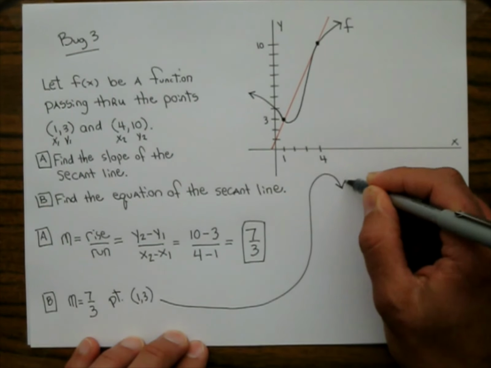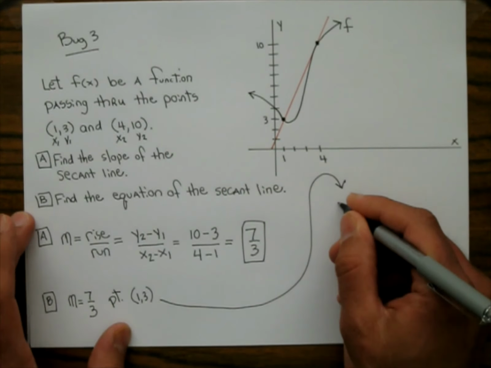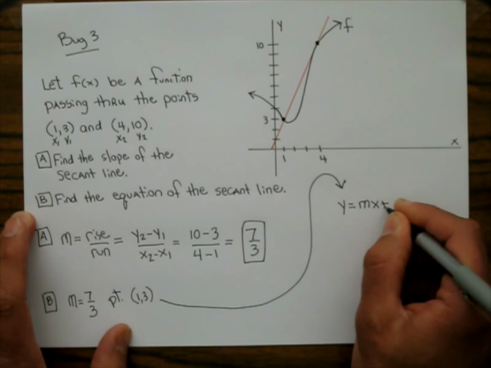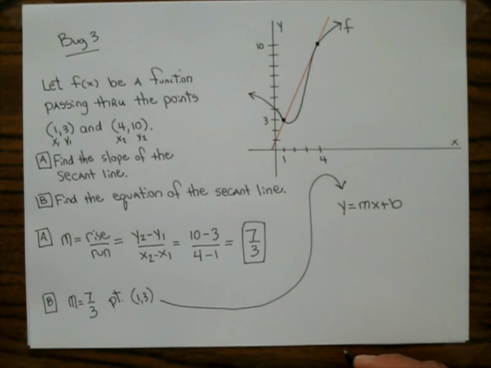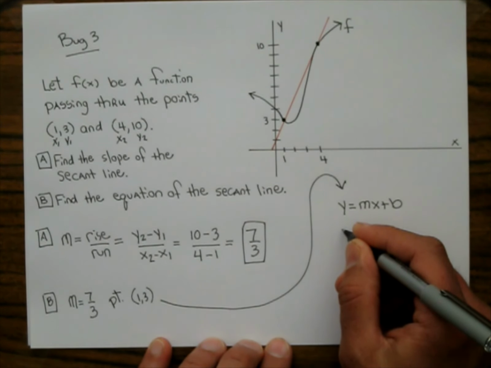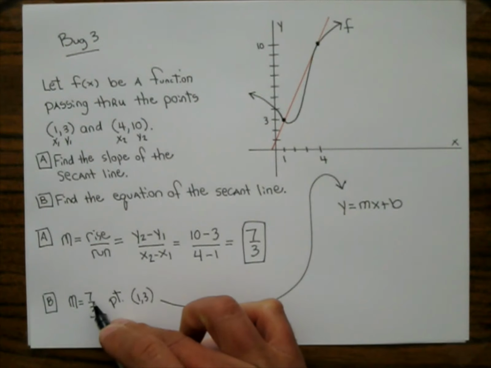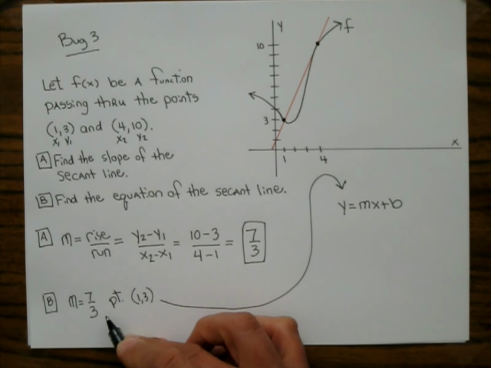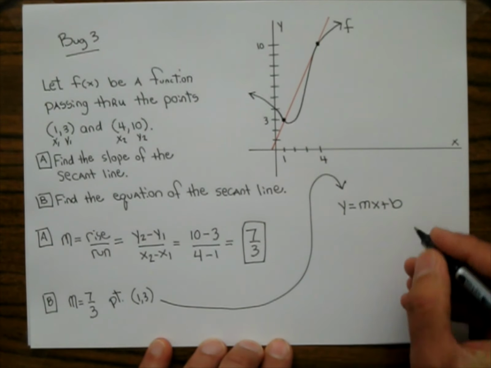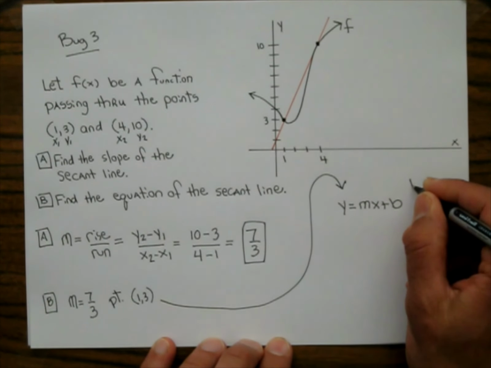That will get the problem done. What I'm going to use is just this, y equals mx plus b. I know what m is. M is 7/3. Now before we move on with this, and this is just a review, there are 4 letters here.